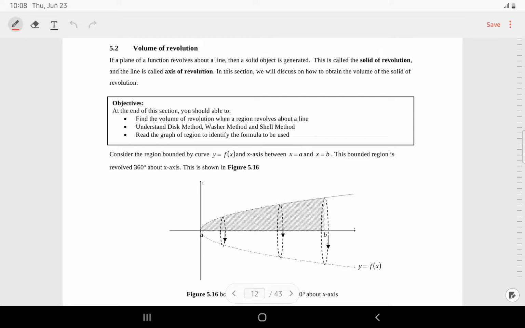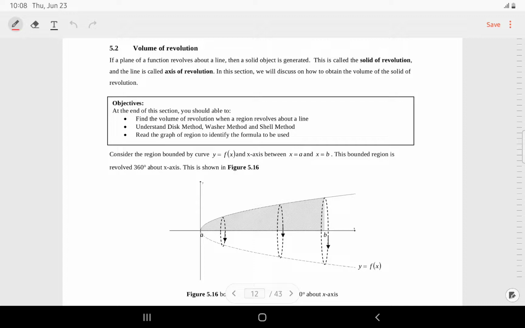So finally we are in chapter subtopic 5.2. We are going to learn one more application of integration. As I mentioned in the previous video, in our syllabus we have two applications of integration.